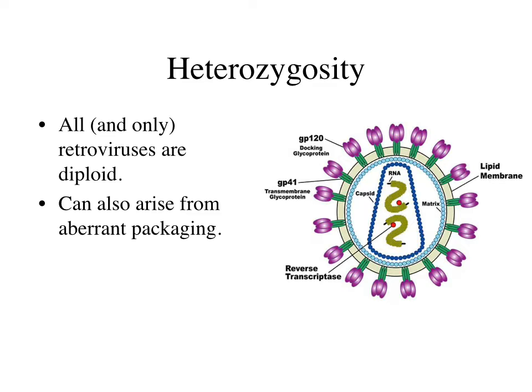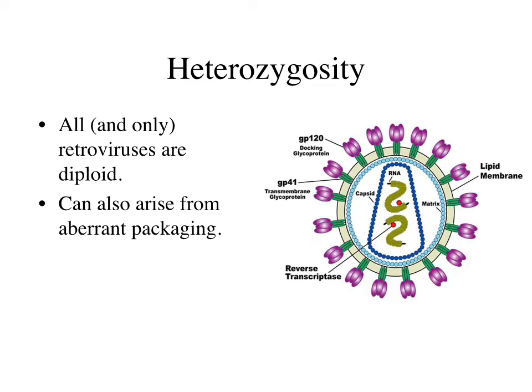All subsequent progeny virions will be of this recombinant genotype. HIV strains with chimeric genomes thought to have arisen through homologous recombination have recently been discovered in nature.